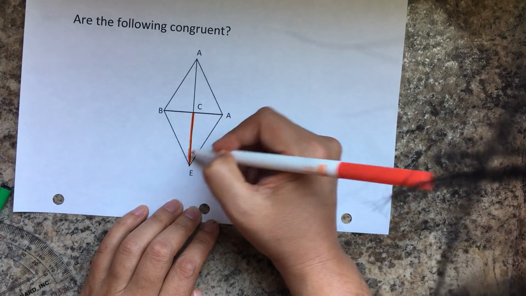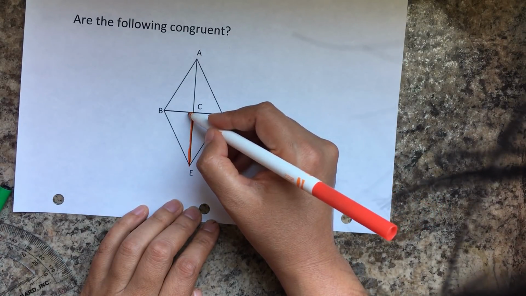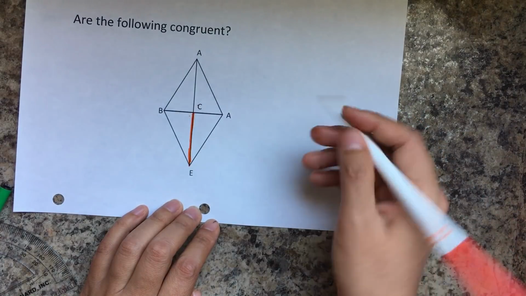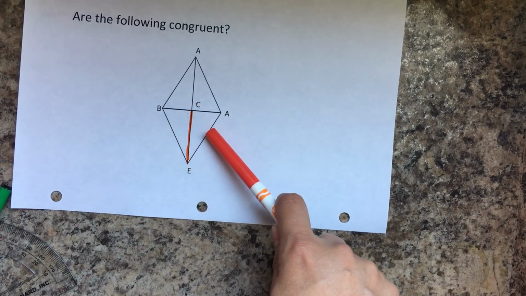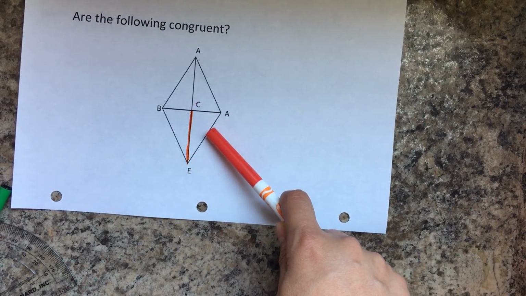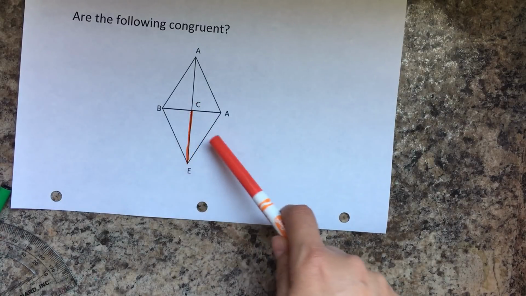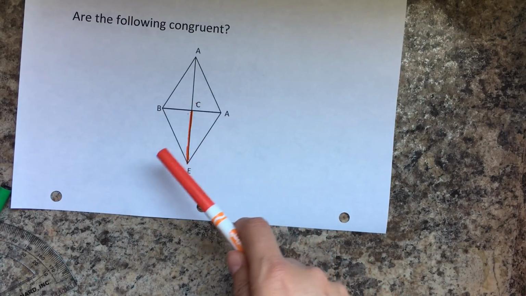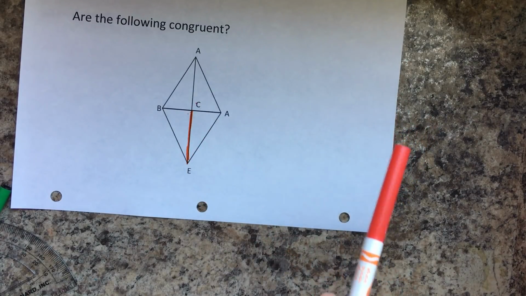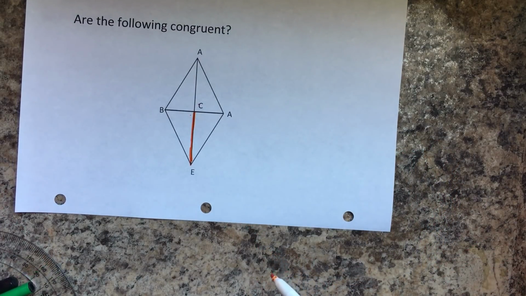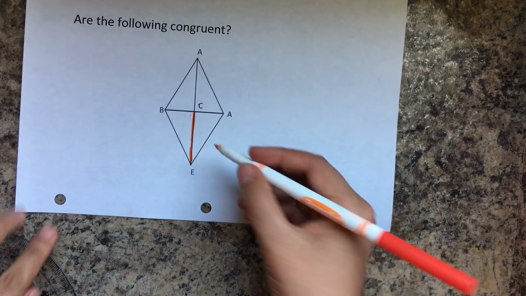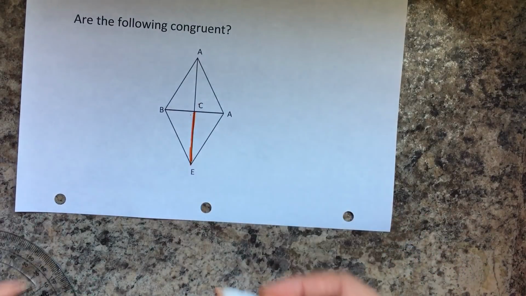So I have one side and these angles, but I don't have enough information. I don't know if other sides are congruent. They might be a little bit different, even though they look similar. Remember that it might be different by 1 millimeter, and that's why we can see that difference, or even a shorter amount. So they need to give us the information that they are congruent by giving us markings, okay? Otherwise we cannot assume.